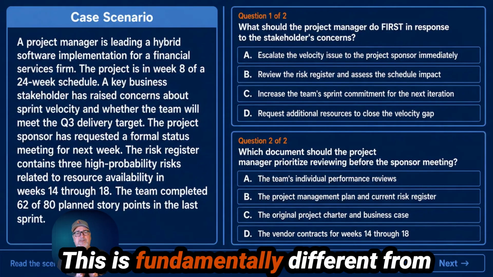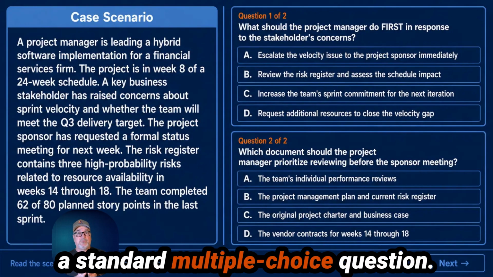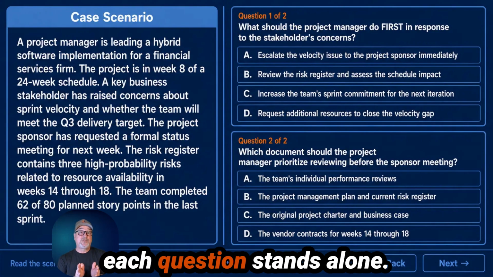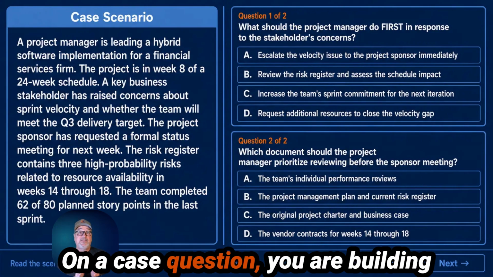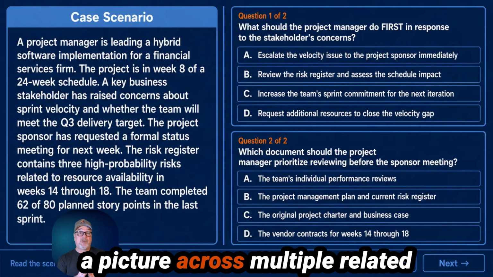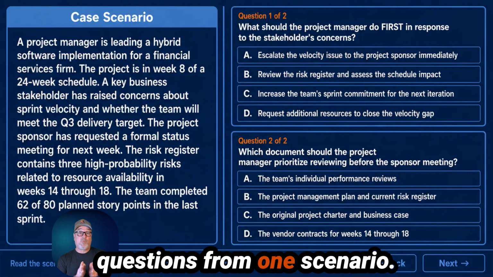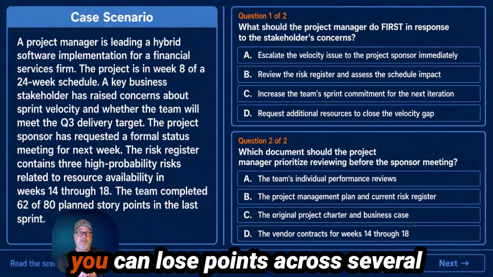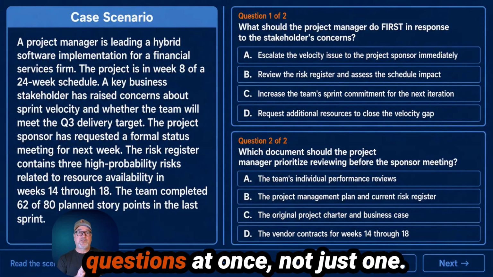This is fundamentally different from a standard multiple choice question. On a standard question, each question stands alone. On a case question, you are building a picture across multiple related questions from one scenario. If you misread the scenario up front, you can lose points across several questions at once, not just one.